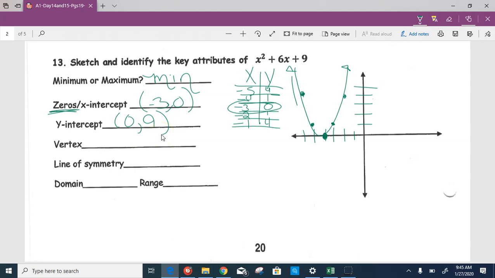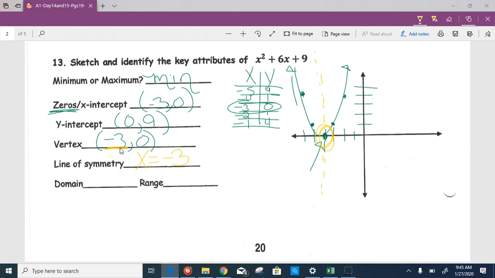Our vertex is down here at the bottom. That's our lowest point, and that's at -3, 0. Which means our line of symmetry, which cuts the whole parabola in half down the middle, also goes through this point. In this case, the line of symmetry is going to be at x equals -3. Same value you have here in your vertex.